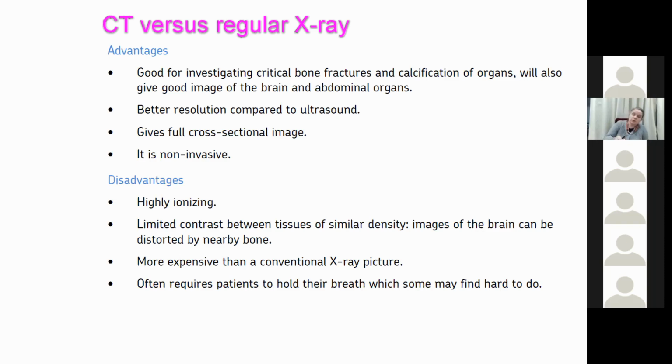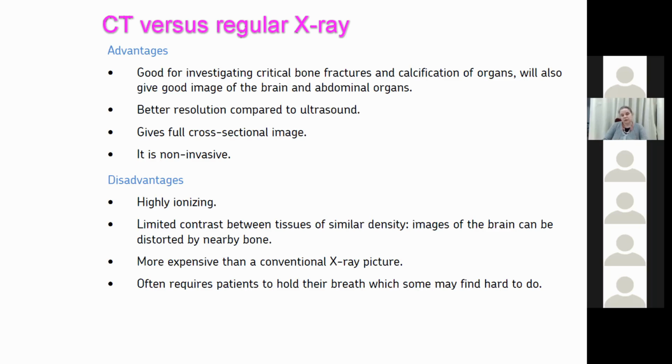Now, each individual image that a CAT scan makes is a low dose X-ray. They keep it as low as they possibly can, but you're getting hundreds of them all in one go because it's taking all these slices all in one go. So in fact, the dose from a CAT scan is bigger than the dose from a single X-ray. And it does allow you to diagnose different things.